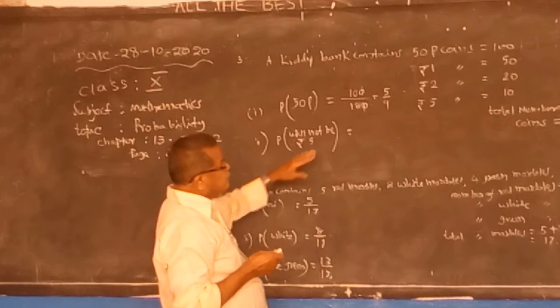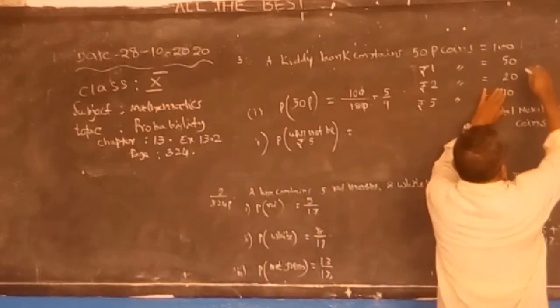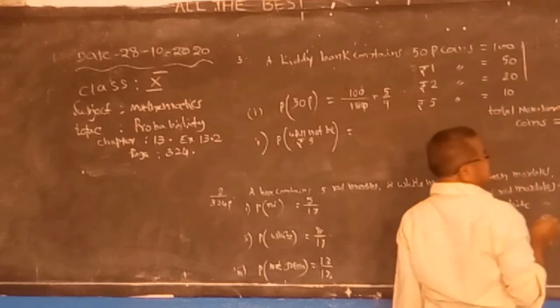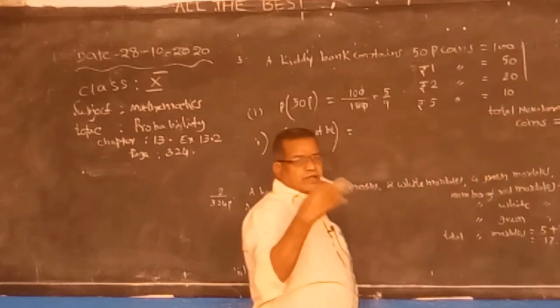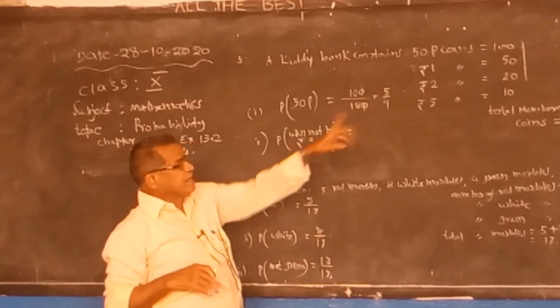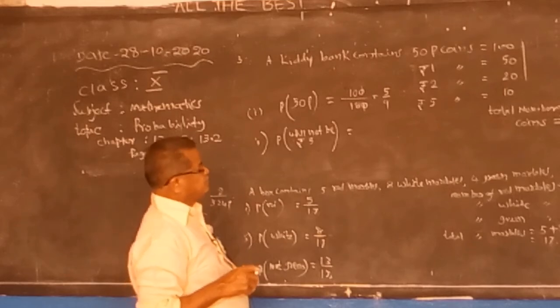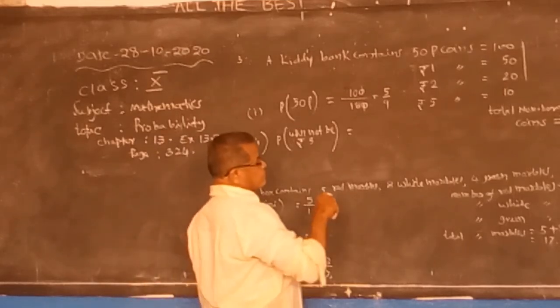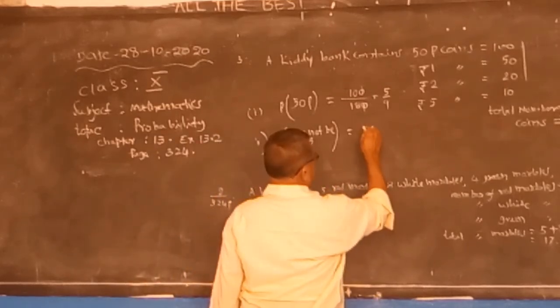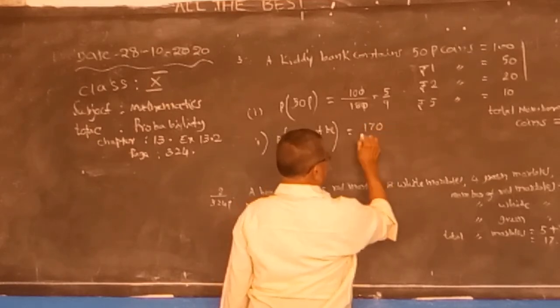Next, will not be a 5 rupee coin. That means the remaining coins are 170. Not means we are removing the 5 rupee coins. How many 5 rupee coins are there? 10. So 180 minus 10 by 180, 170 by 180.